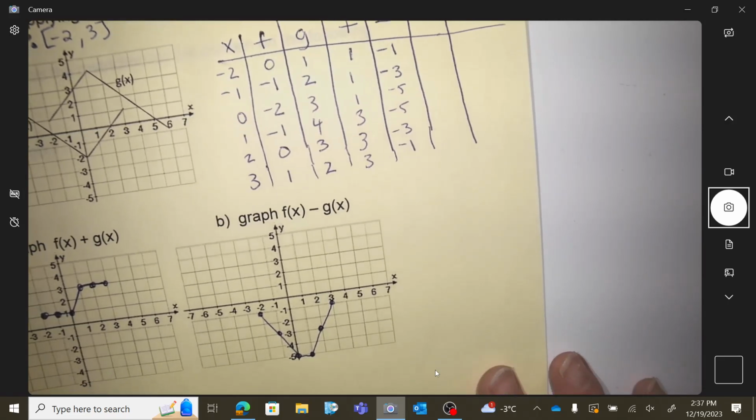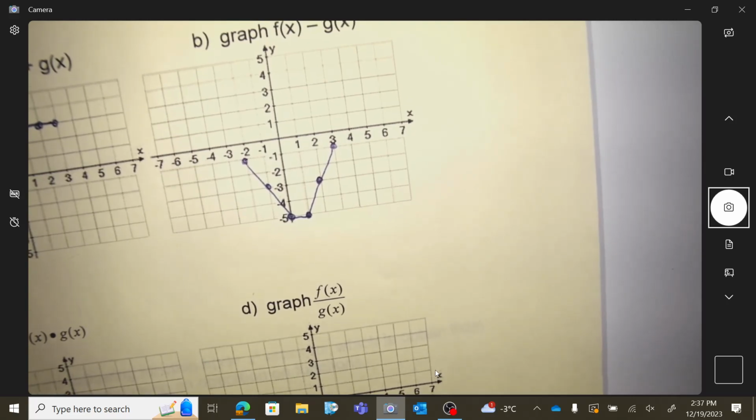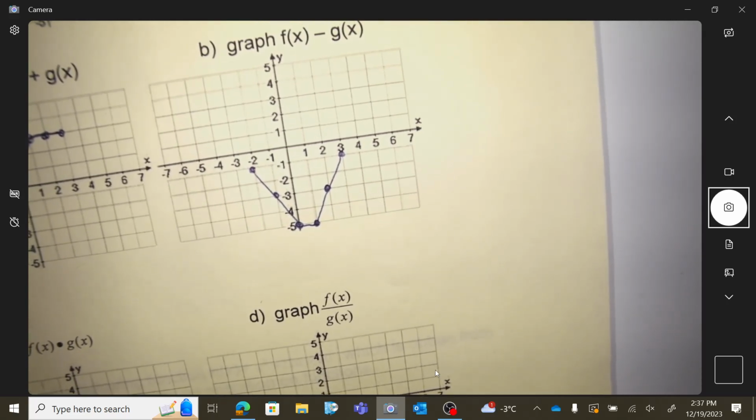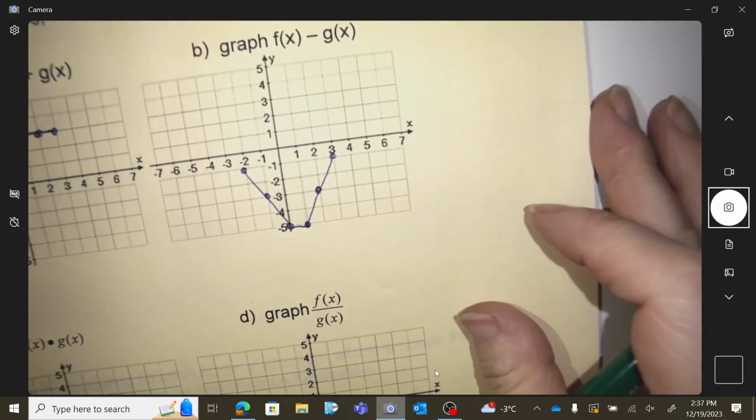Did you get a V shape with a flat bottom? Okay, timesing.